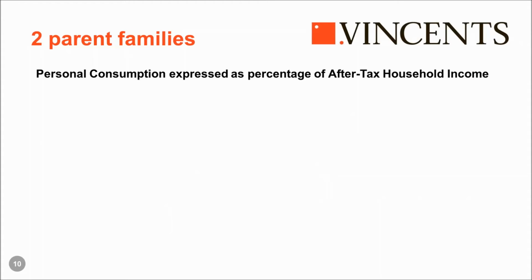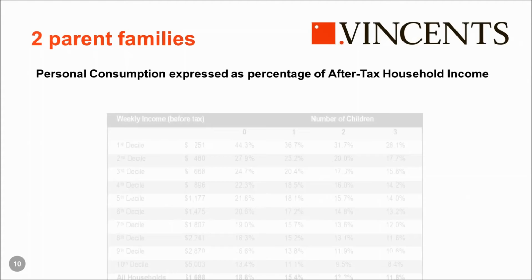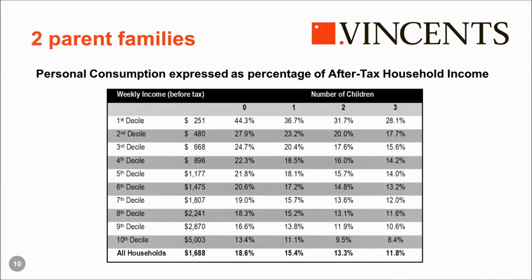So what we get these days is just a couple of series of tables, and I'm not going to go exactly through these numbers, other than to say that if you have a look at these numbers, what you'll see is a trend. Essentially the trend is that the lower the income, the higher personal consumption is as a percentage of that income.